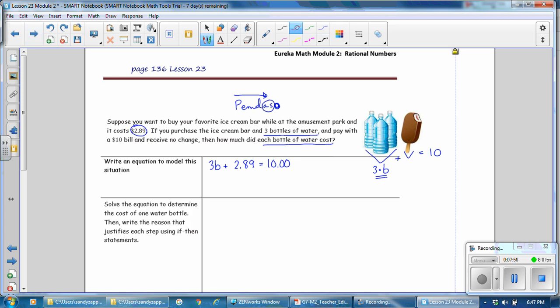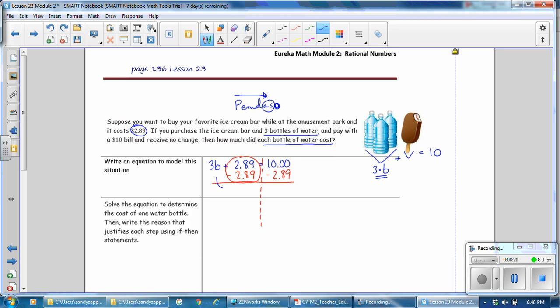The opposite of adding 2.89 is subtracting 2.89. So this is the additive inverse. And we do that on both sides of the equation. That is the subtraction property of equality. So here we're getting a 0 with our constants, and the purpose of that is to isolate the 3B.